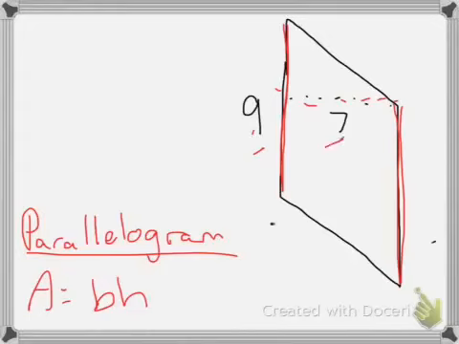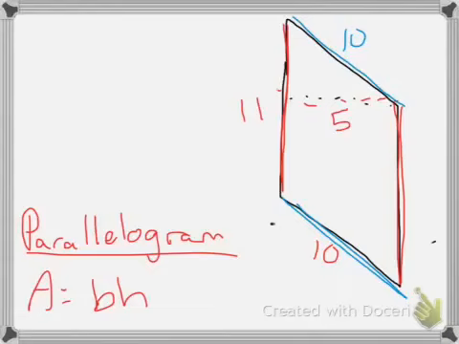But what you need to know is you need to be able to look at a parallelogram like this. And what if they give you extra information? See, right now they're giving you two of the sides, which actually means you know four other sides. You have this side, which is 10, which means this side is 10. And this side is 11, which means this side is 11. Now, what do you multiply together?